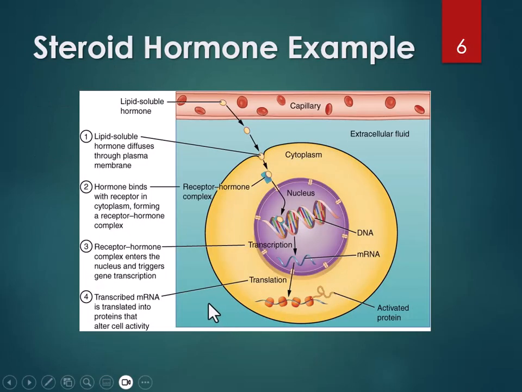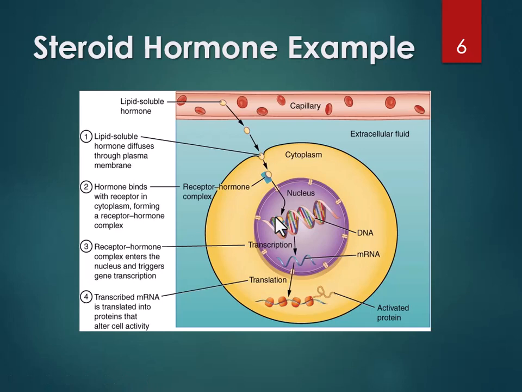So here's a picture of a lipid-soluble hormone. Okay, and it's in the blood. It diffuses out of the blood, diffuses into the cell. Notice it binds a receptor that's inside the cell. The receptor in this picture is the little blue square. And how it works is it turns transcription on or off. Remember, transcription and translation generate a product of a gene, a protein.